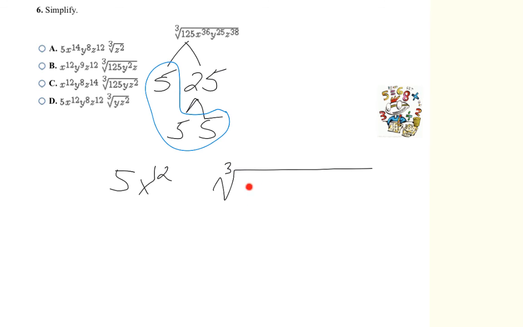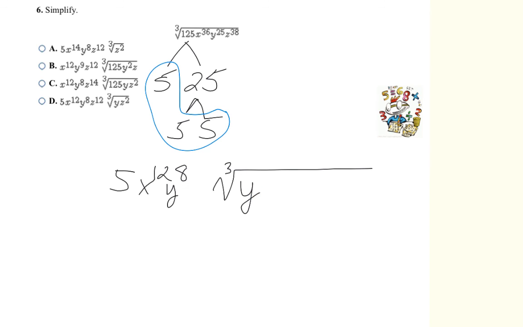So I don't have any x's underneath the radical. And next, how many times does 3 divide into 25? Well, it divides in 8 times, so I'm going to have y to the 8th power with 1 remaining. So I'm going to write y to the 8th out front and a 1y underneath the radical.